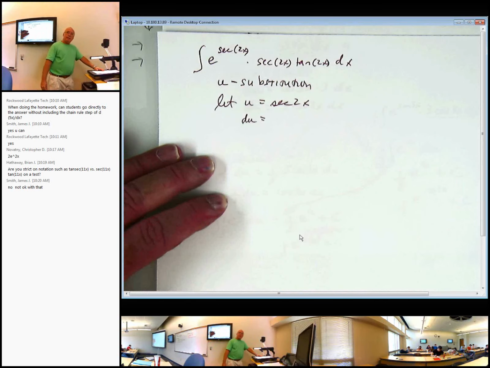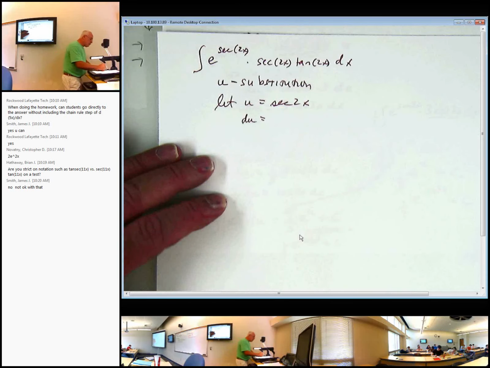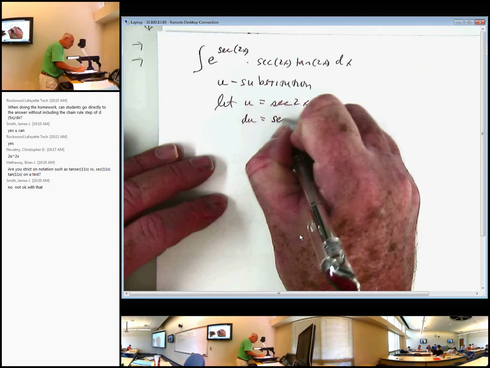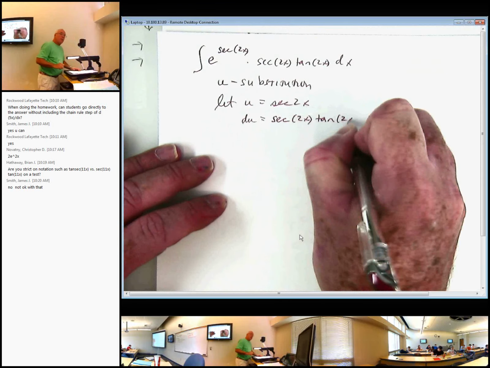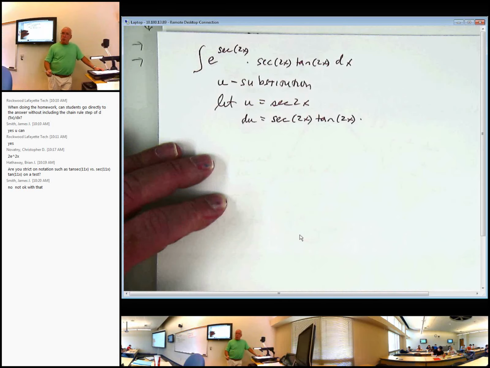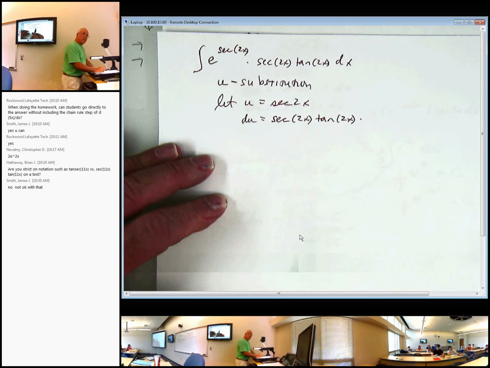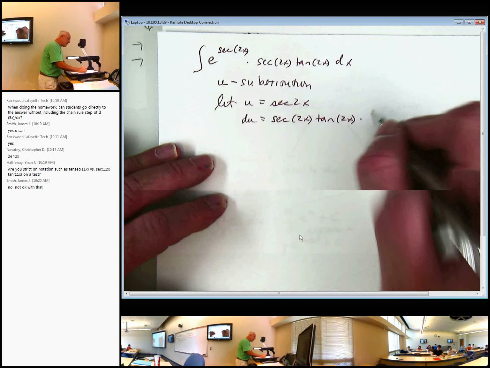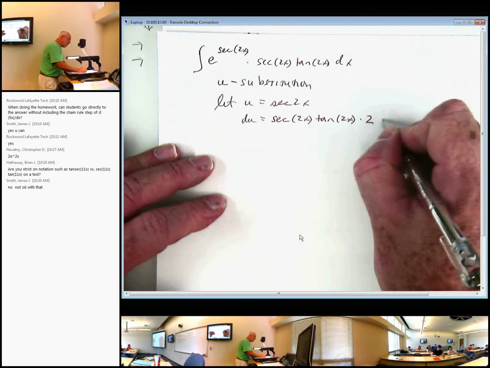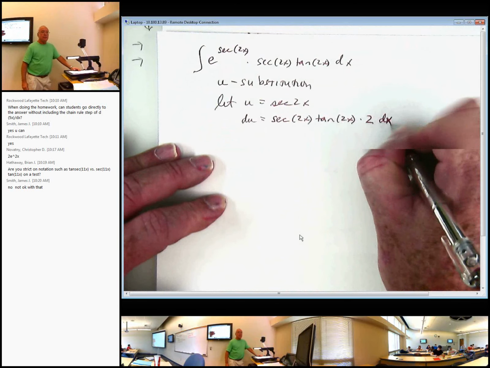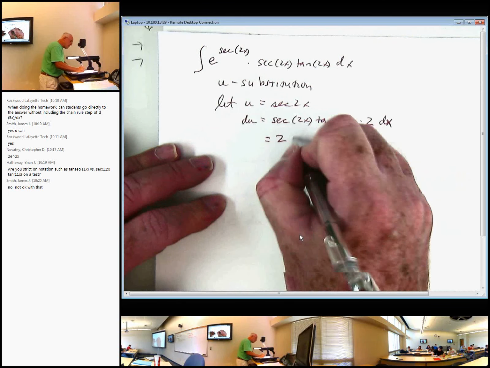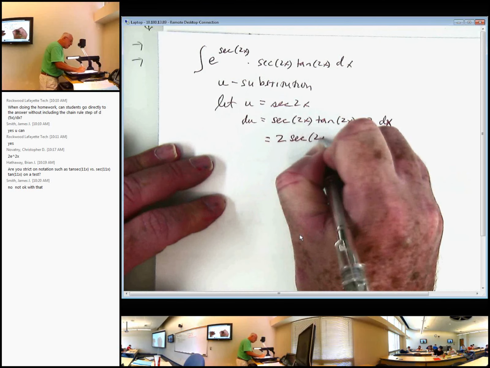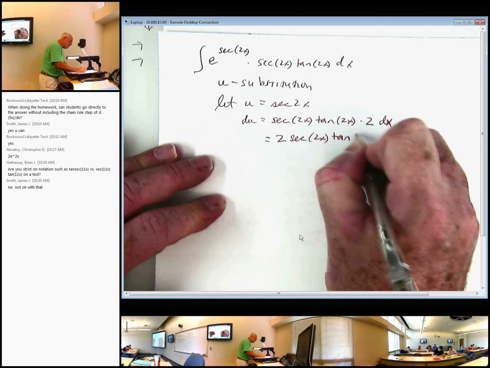As we had seen earlier, the derivative of the secant is the secant times the tangent, so it's going to be the secant of 2x times the tangent of 2x, but we have to also apply the chain rule by doing the derivative of the inside function 2x, so that's times 2, and then we have our dx at the very end. Okay, so this can be rewritten as 2 times the secant of 2x, tangent of 2x, dx.